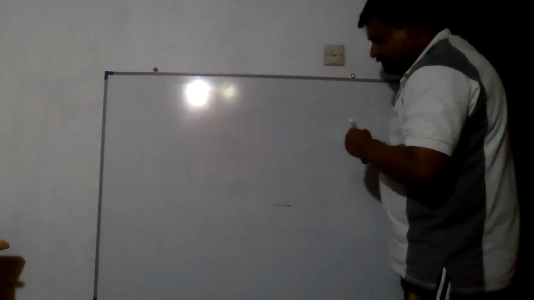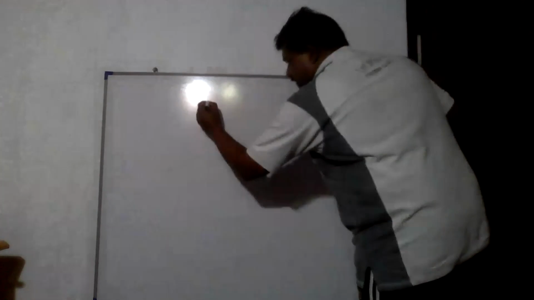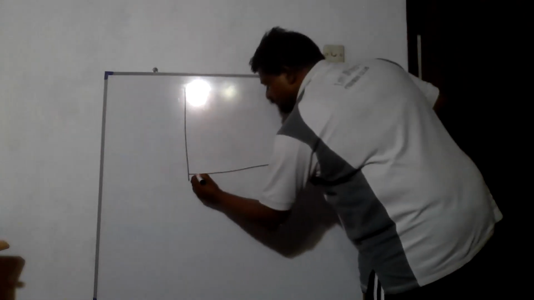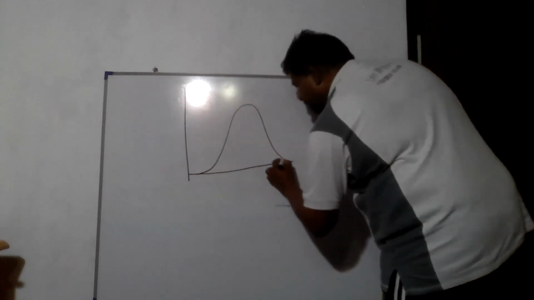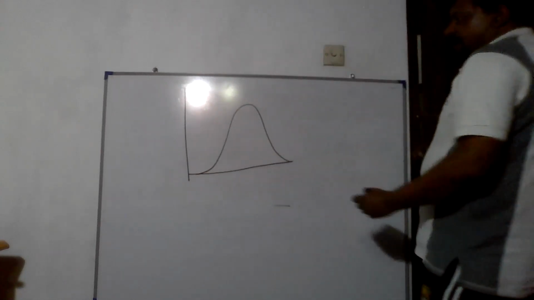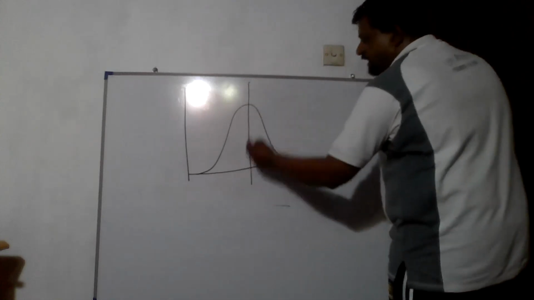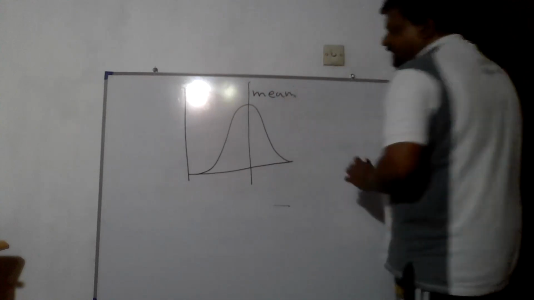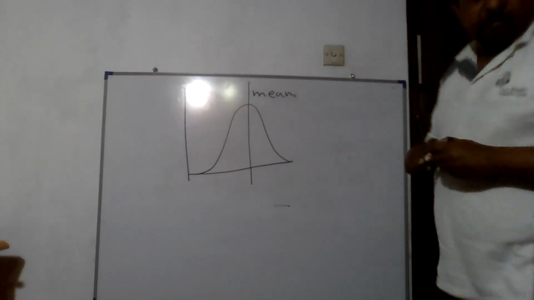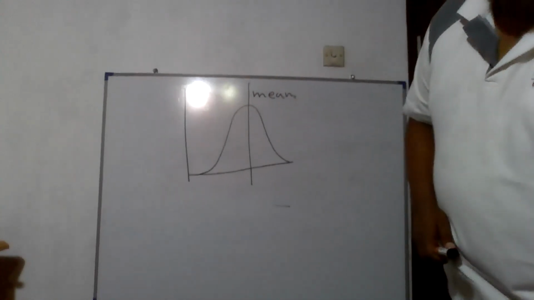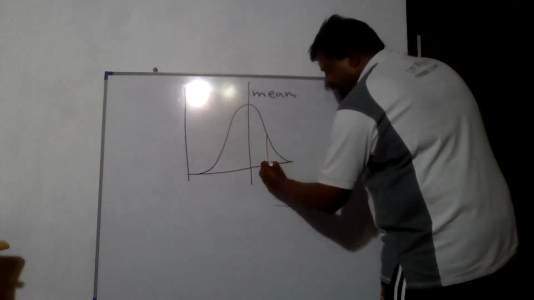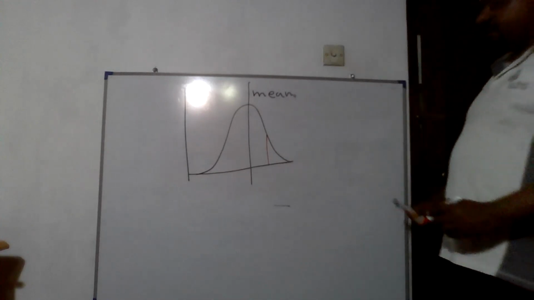Now you have a bell curve, something like that, for your reading, and you have the mean here, and you might have the current reading here, right?